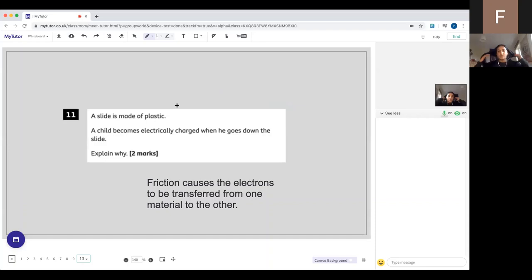So no, the slide in this case would not have a charge. It may have been initially electrically charged and lost its charge and transferred it to the child, but here no, the slide would not be electrically charged. It doesn't tell you that the slide is electrically charged, so you shouldn't assume that it is.